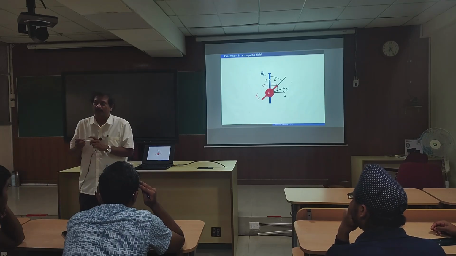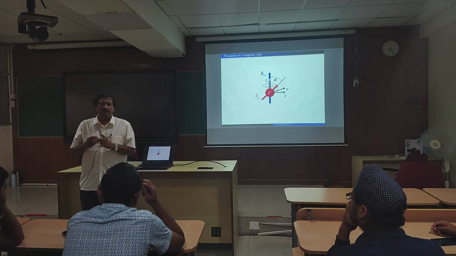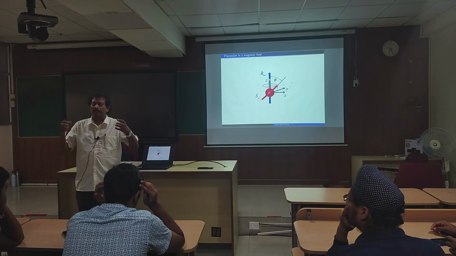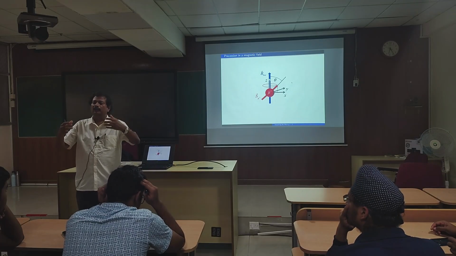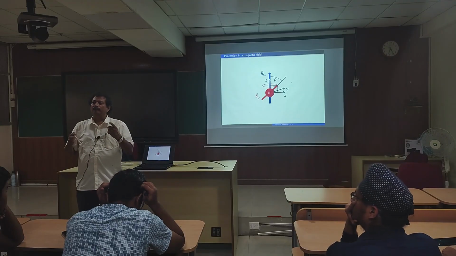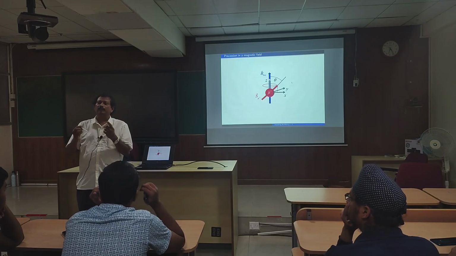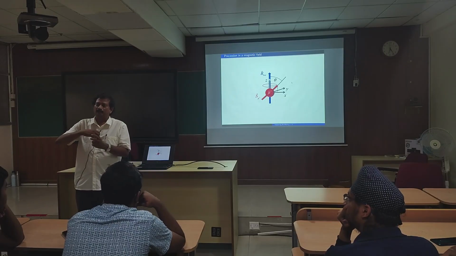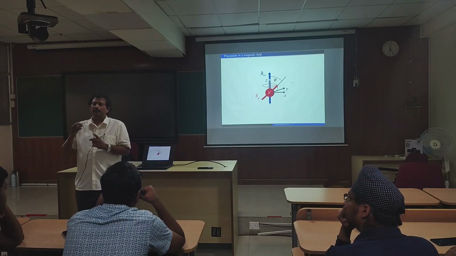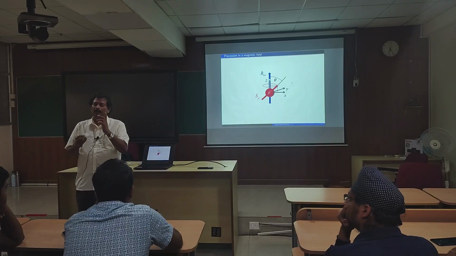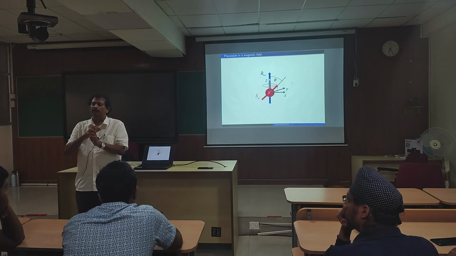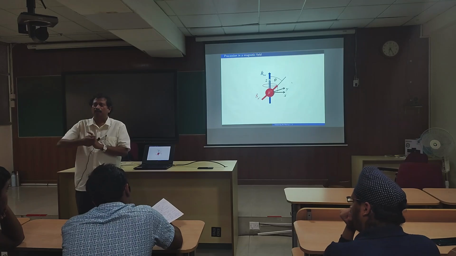Since this is also a charged particle, and if it is moving around, let us say, in a ring, where the ring also has a uniform magnetic field everywhere, then the principle of the cyclotron tells you that this muon is going to stay in a circular orbit, because the velocity crossed with the magnetic field is going to give you a centripetal force, which is going to keep it in a circular orbit also.